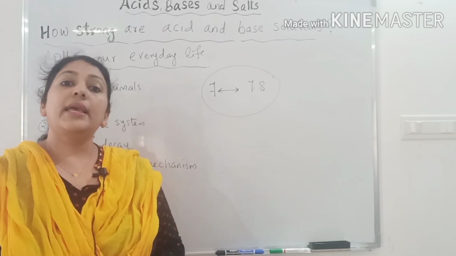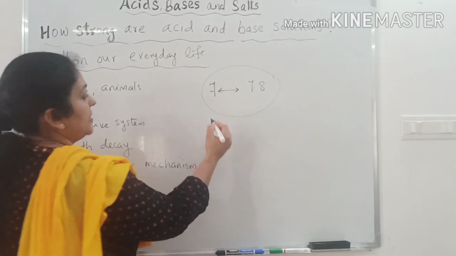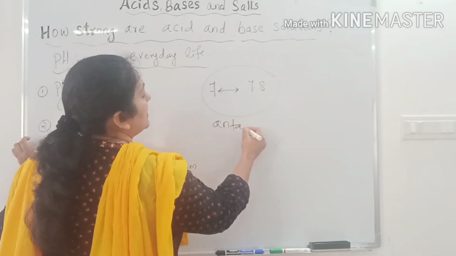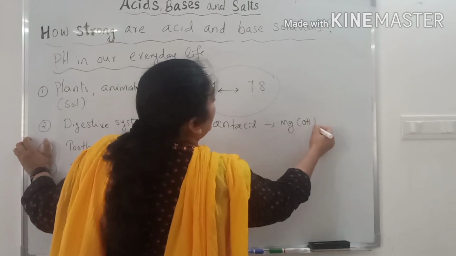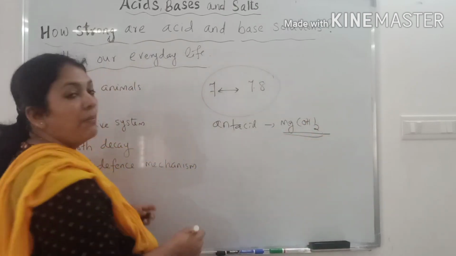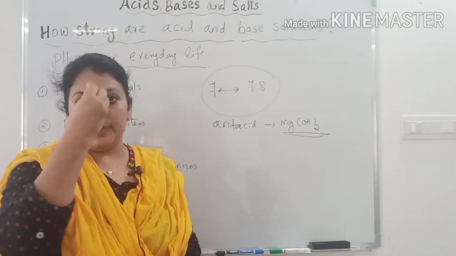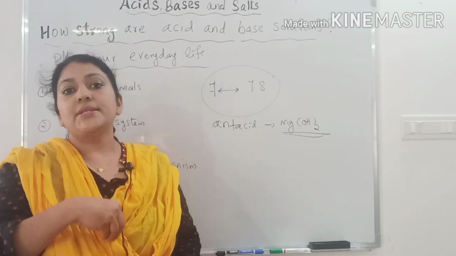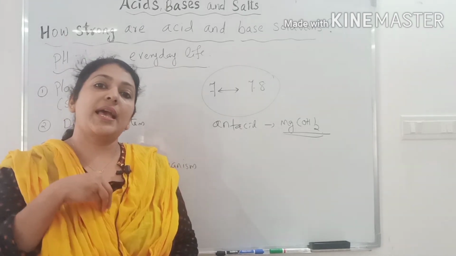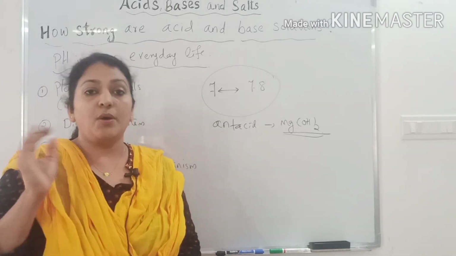That time we take a medicine called antacid. Antacid contains mainly magnesium hydroxide, which is a mild base. So if you take antacid, that base can neutralize the excess acid produced in our stomach.